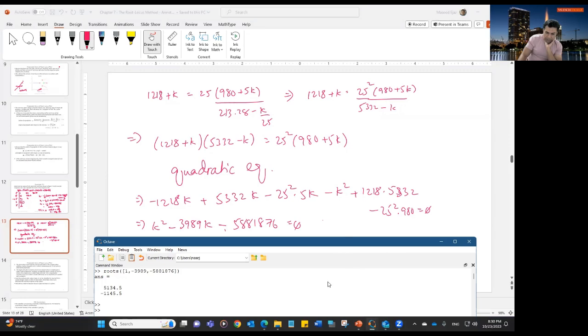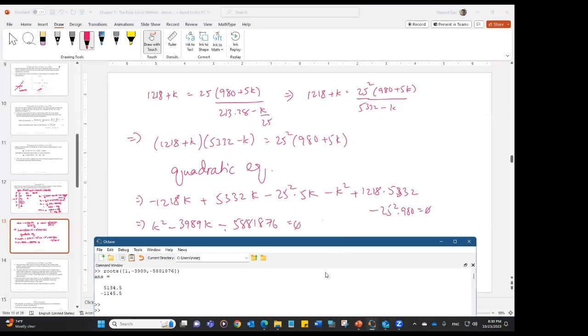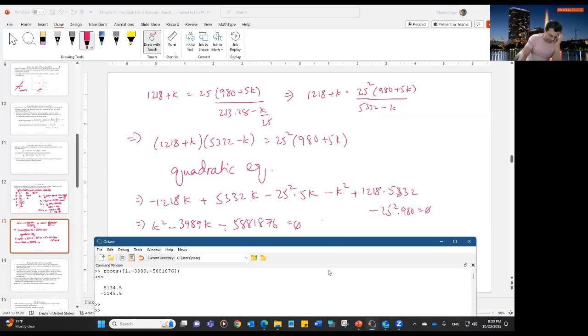Now, which value is reasonable? The negative value is not reasonable because the k value is always positive. It starts at 0 and ends at infinity. So 5134.5.